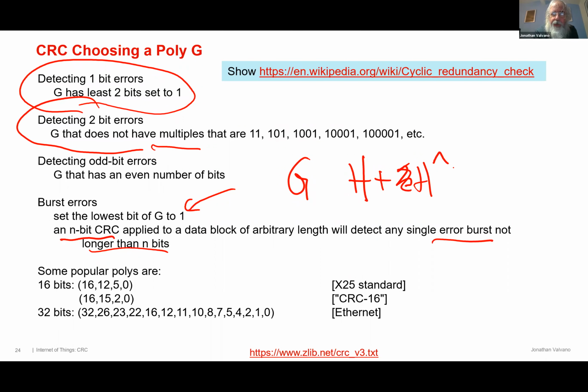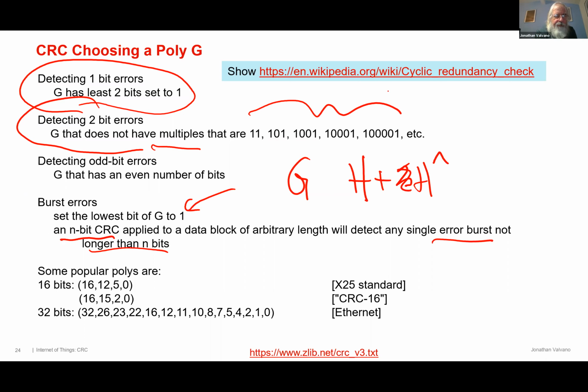Oh, good. Okay, so if you can formulate G with a combination of these, then it won't detect it.